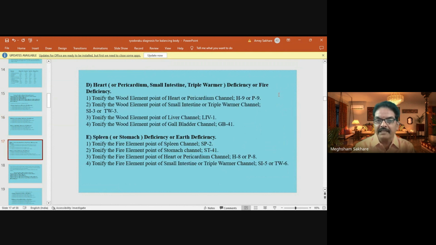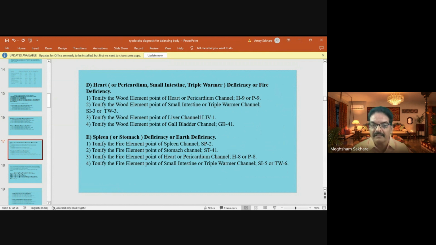Heart and pericardium, small intestine and triple warmer, four channels are fire element. So tonify the wood element point of the heart, pericardium, triple warmer or small intestine channel. So H9 or P9 we should tonify, SI3 or TW3 tonify.